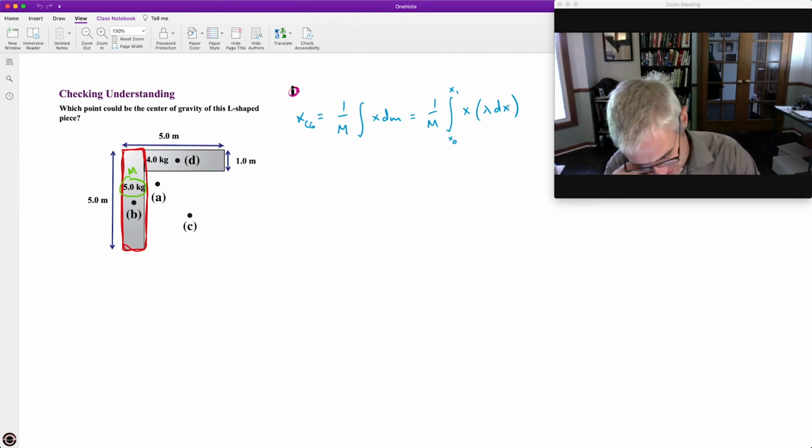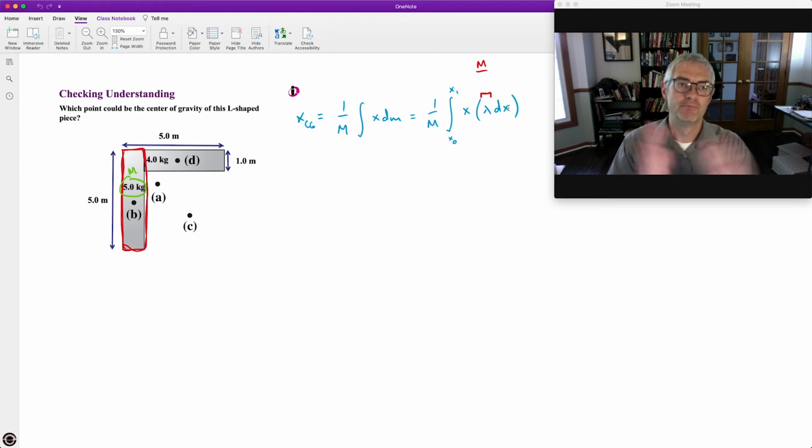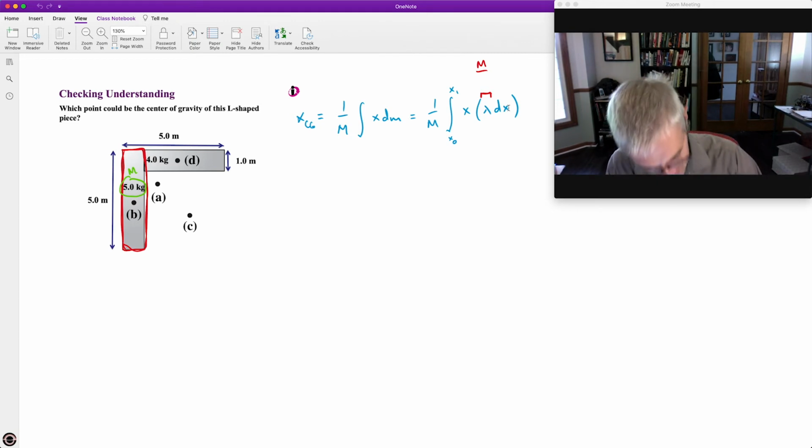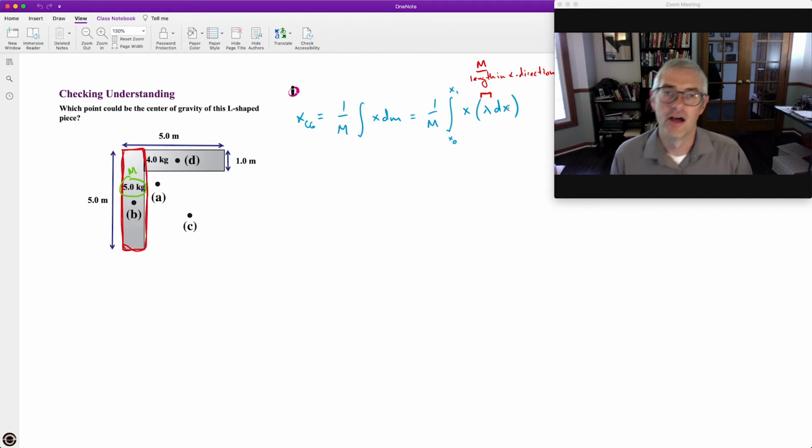And this linear mass density is going to be the total mass divided by the length in the x direction of this object. So how wide is it? And that's 1 meter.